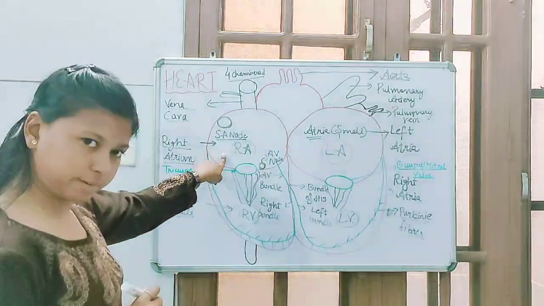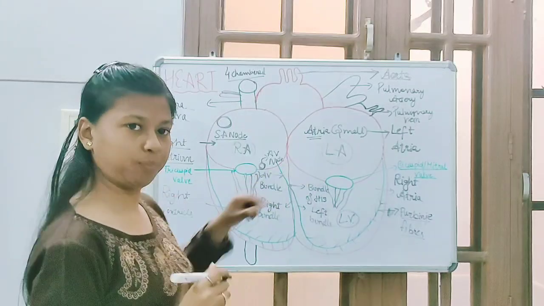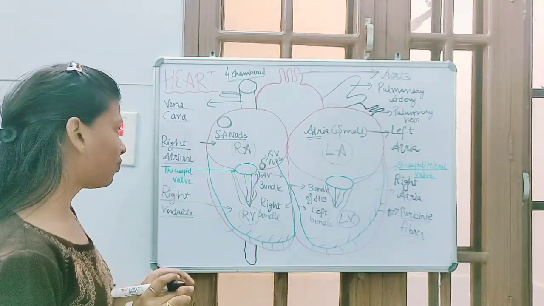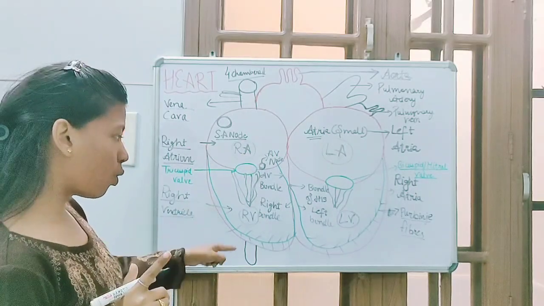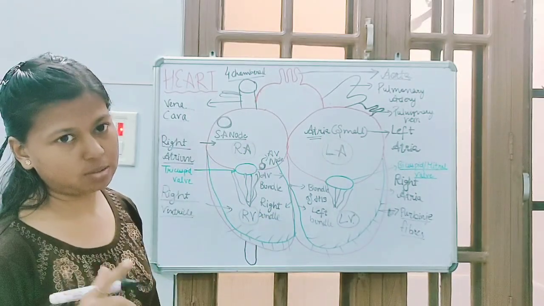This is the right atrium and this is the left atrium, on the basis of direction. Now these are the upper two atria chambers, and the lower two are ventricle chambers.